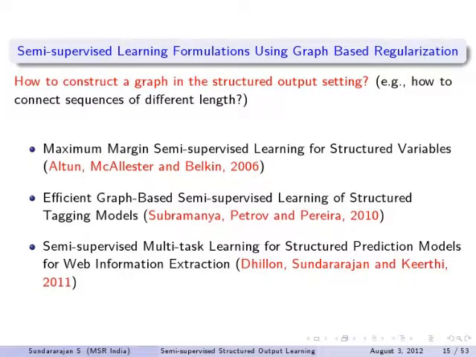So now I move on to two important types of problems. One is graph-based regularization. The fundamental question to ask here is, what is a graph in this case? In the binary or multi-class setting, each example was a node in the graph.